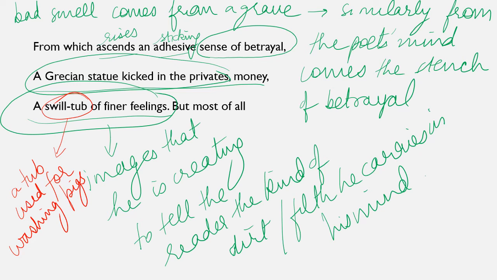So definitely, what kind of feelings would they be? So this refers to dirty, unclean feelings. Okay, and money. So this refers to greed. So every kind of negative feeling is coming out from his mind.